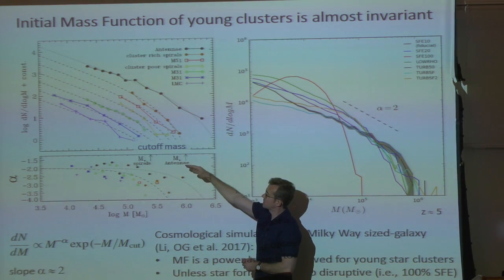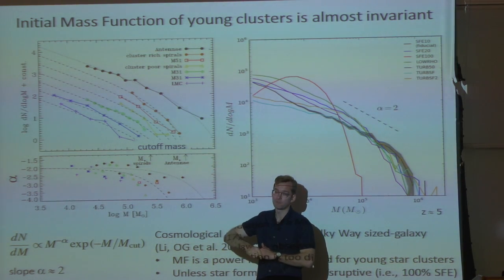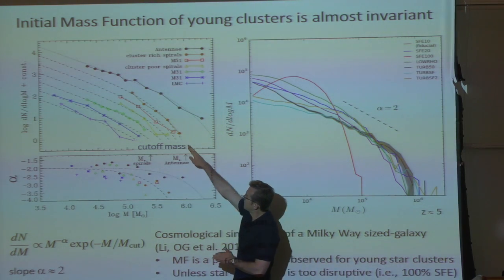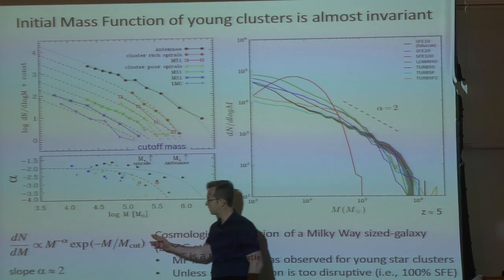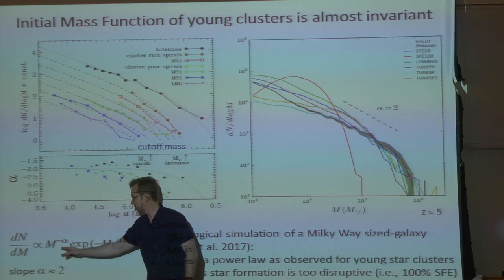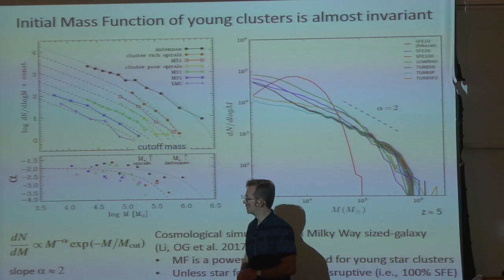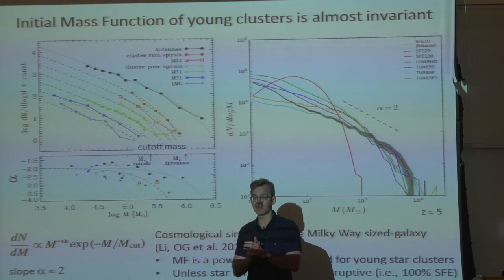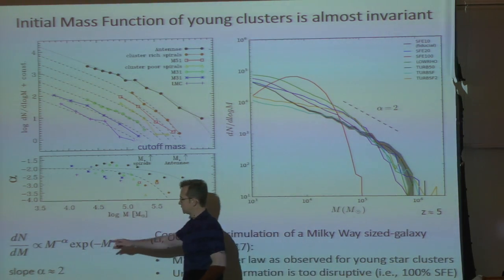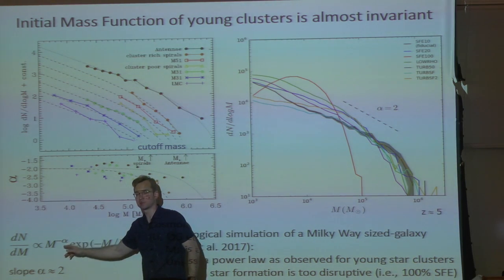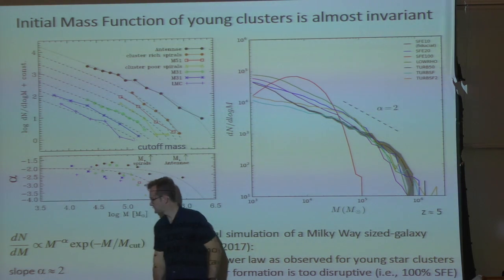The observed mass functions are very close to a power law, with a certain cutoff at high masses, and they're described by a power law with a slope of about -2 and an exponential cutoff. And it's true in our galaxy, it's true in all nearby galaxies. The slope seems to be universal. In all galaxies we observe, we see a slope close to this.